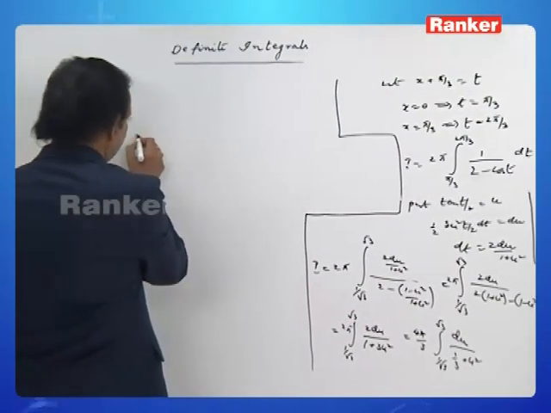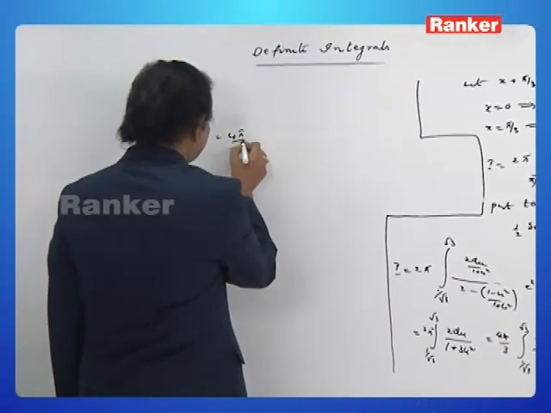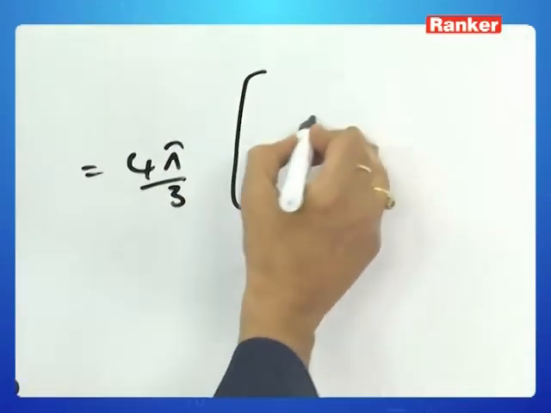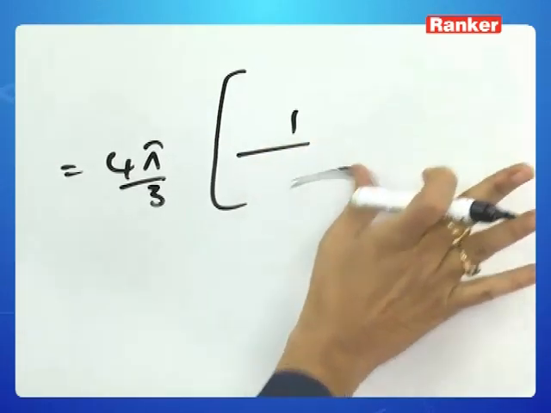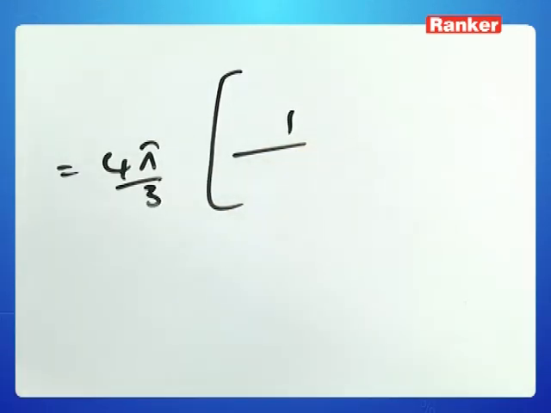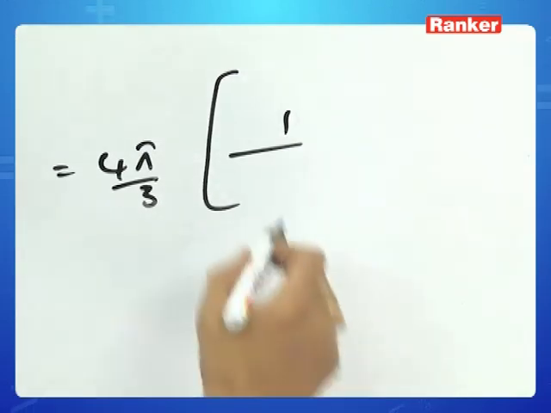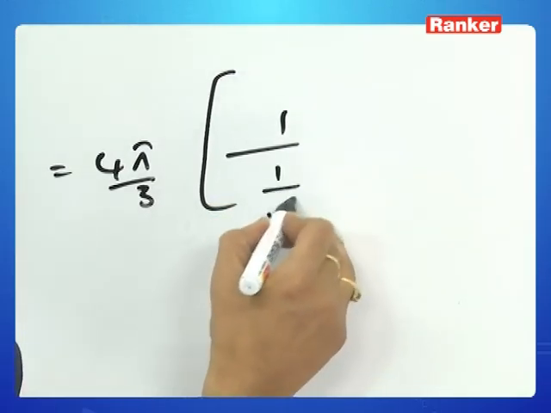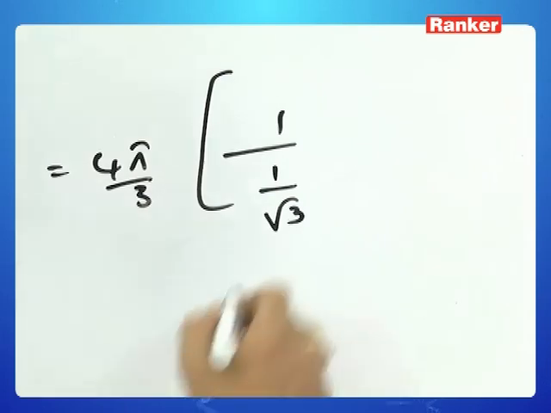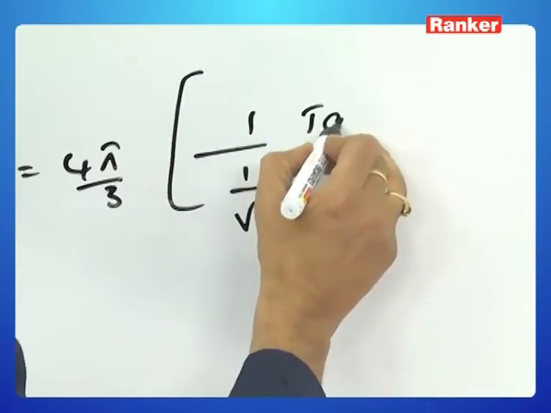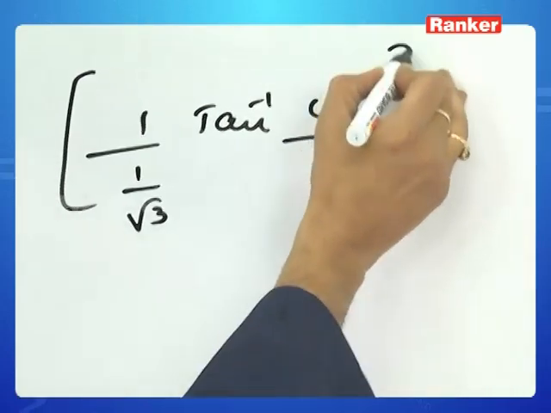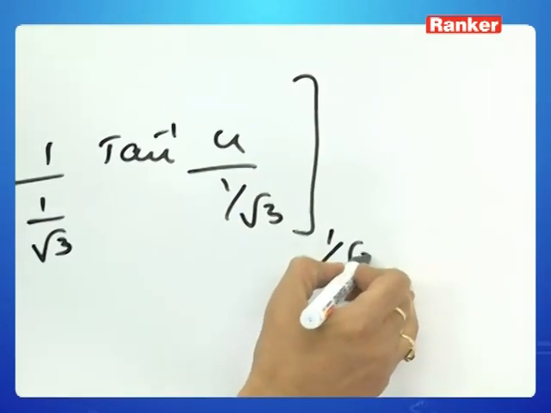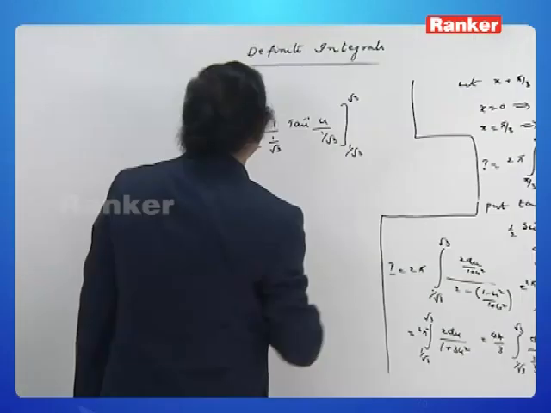This is equal to 4 pi by 3 into 1 by a. This looks like 1 by a square plus x square. a square is 1 by 3. So 1 by a is 1 by root 3 tan inverse x by a between the limits 1 by root 3 to root 3.